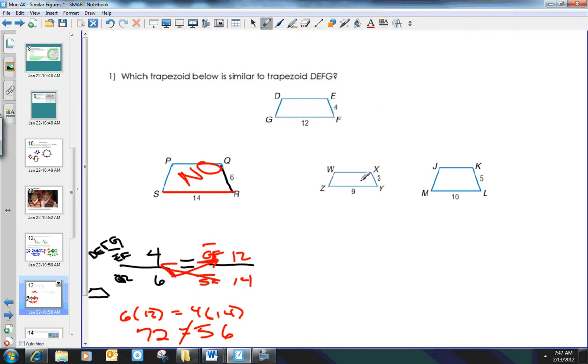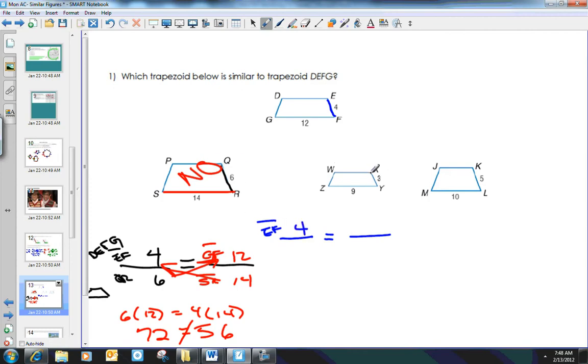Let's try the middle one. We're going to set up our proportion here for our middle trapezoid. Now, once again, EF is 4. Okay, so EF with the line over the top means that segment EF is worth 4.